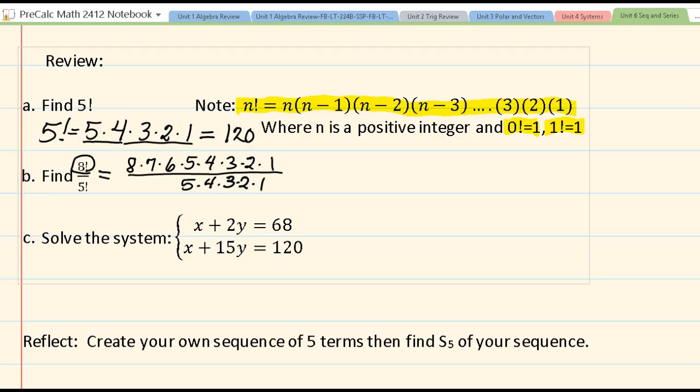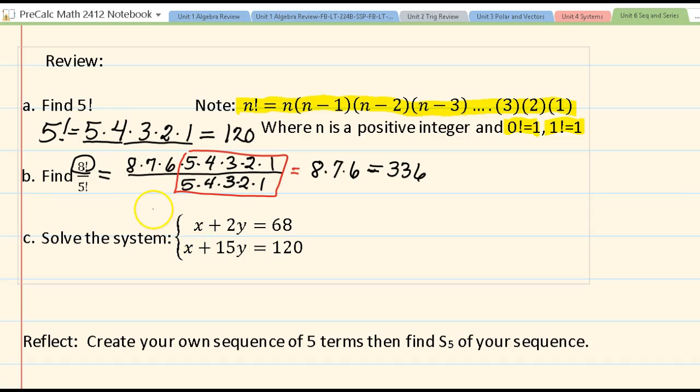So we can see that all of these factors will actually become 1. Really all I need to find is the answer of 8 times 7 times 6, which is 336.